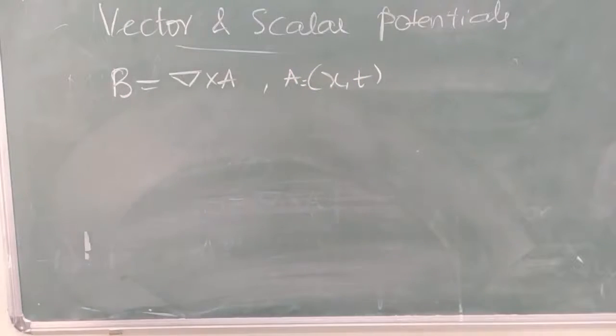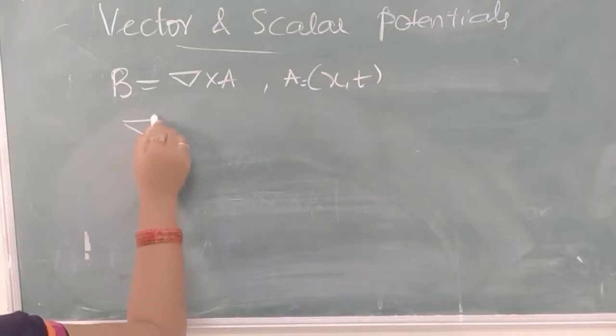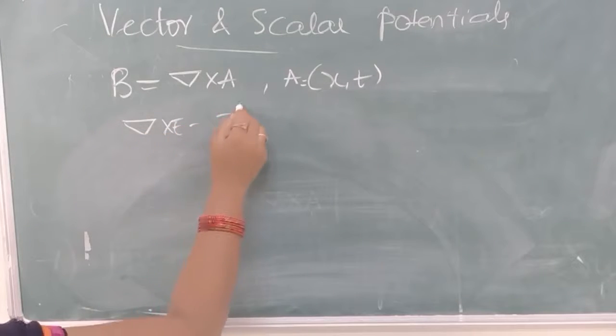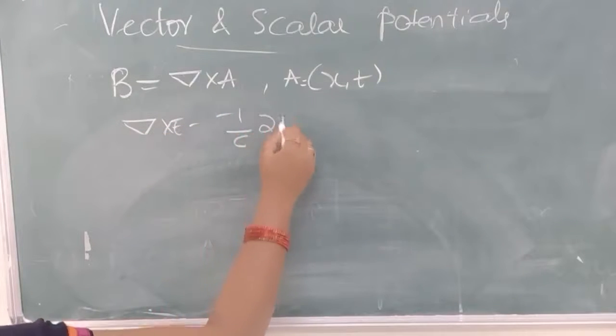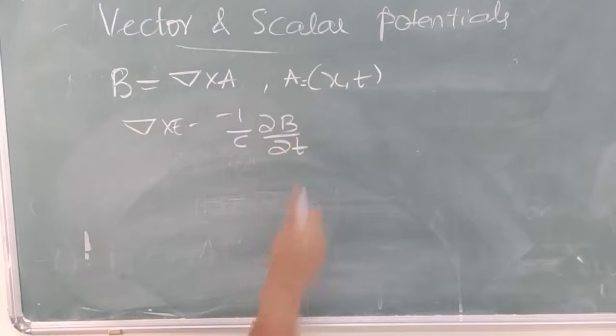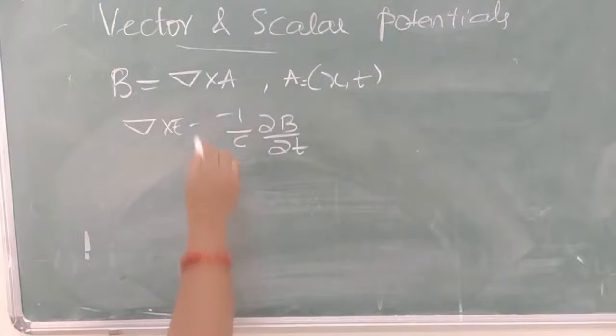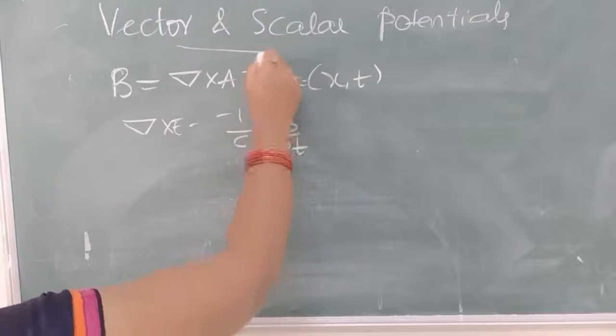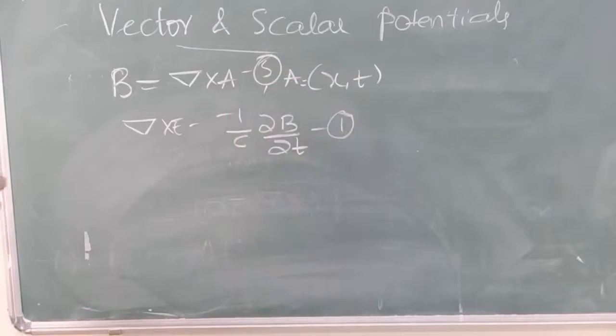Right? Now what is Maxwell's first equation? Del cross E is equal to minus 1 by C dou B by dou T. This is equation 5 and this is equation 1 as per previous.